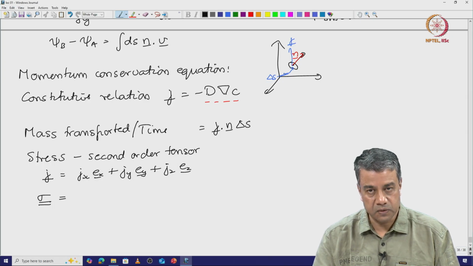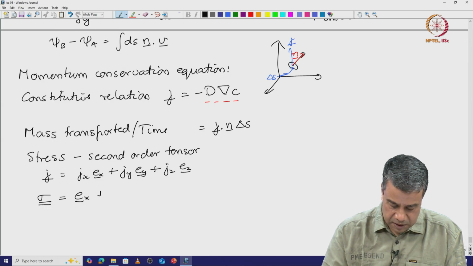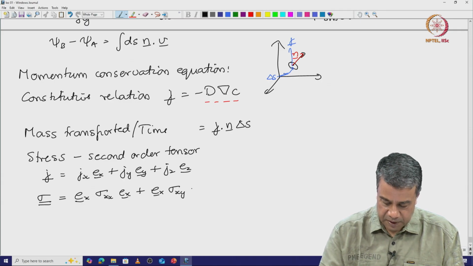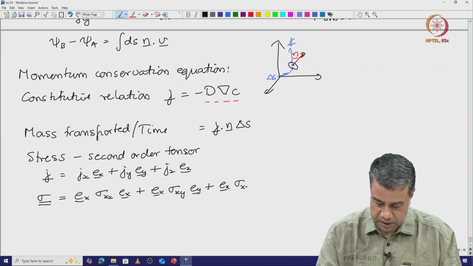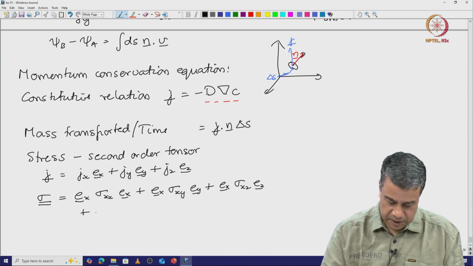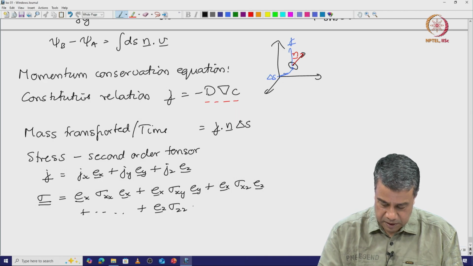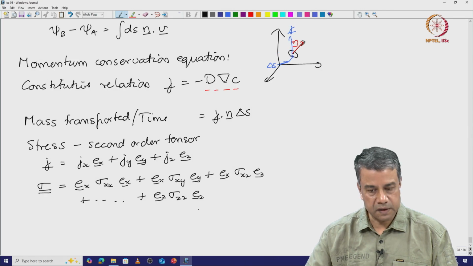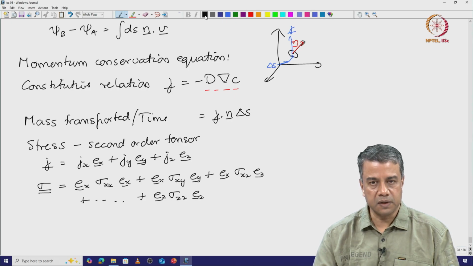It has two directions associated with it. So, you can write it as Ex sigma xx Ex plus Ex sigma xy Ey plus Ex sigma xz Ez plus etc. plus Ez sigma zz Ez. Two unit vectors and a component with two indices corresponding to the two unit vectors.